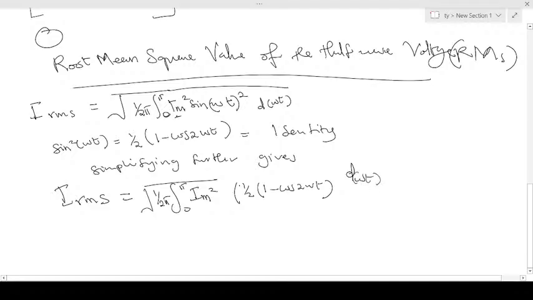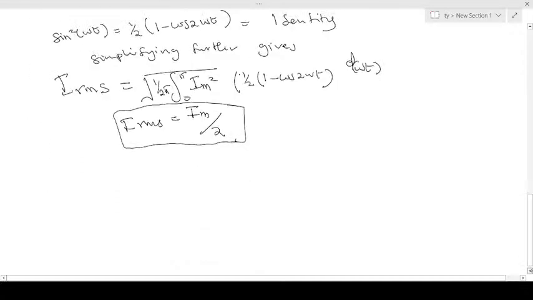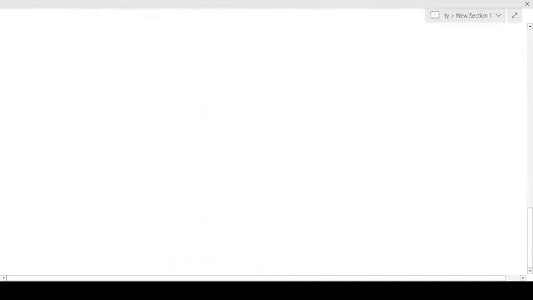Now, if we solve this further, we end up with I root mean square equal to Im over 2. You can further simplify and solve it to know why it ends up like this, but due to time we will not be going into detail.